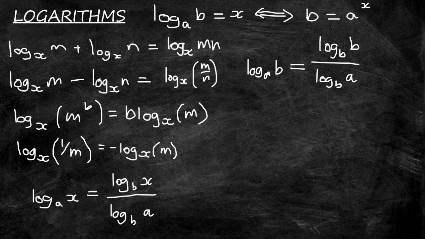So say we wanted to change the base from a to b using this rule, we can rewrite this logarithm as log base b of b on top, because that was the original number we were wanting to find the logarithm of, and then log base b of a on the bottom, because that was the original base. But we know that log base b of b will be 1, so this can be rewritten as 1 over log base b of a.